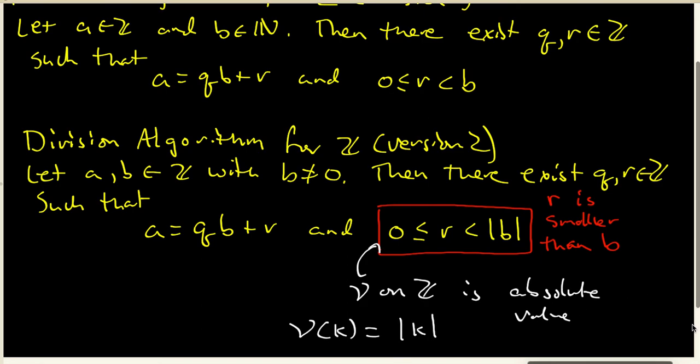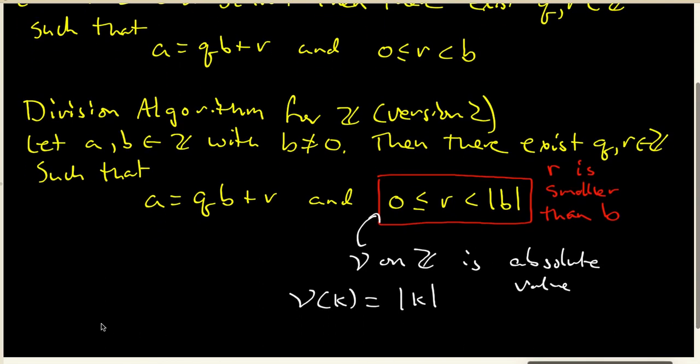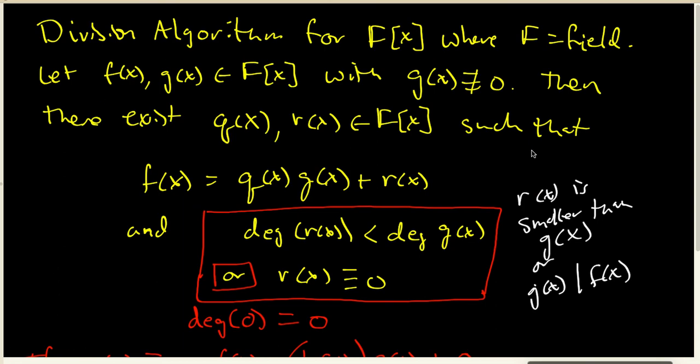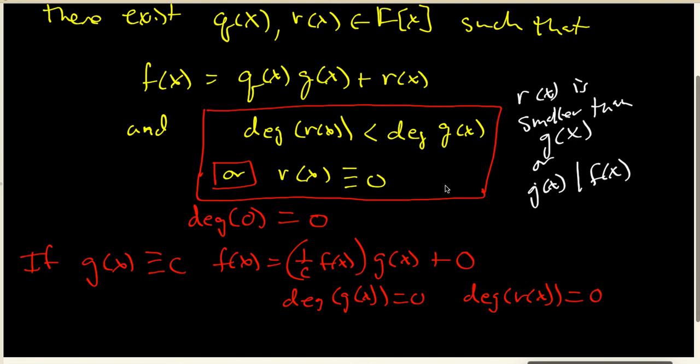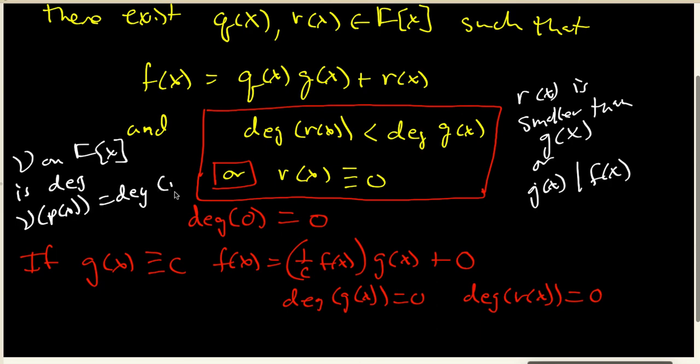And it turns out that nu will have both properties. And then if we look at the division algorithm for fields, this stuff here says that nu on F square bracket x is just degree of the polynomial. In other words, nu of p of x is just going to be the degree of p of x.